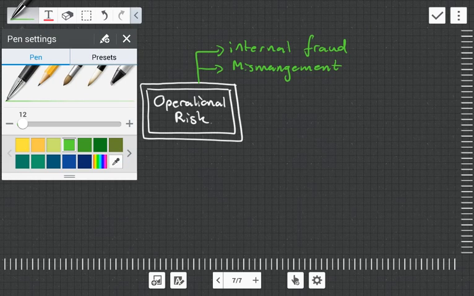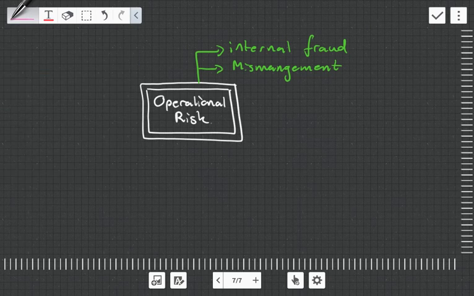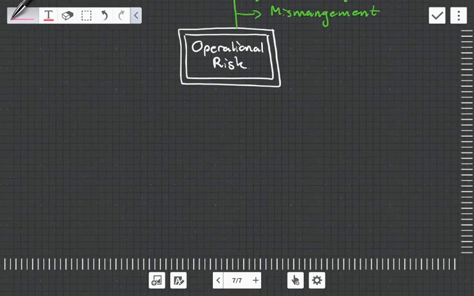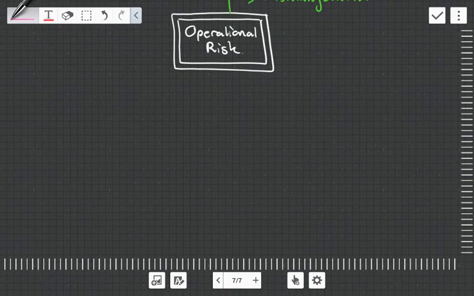And for that reason, it's quite difficult to model operational risk because you have to ask yourself, what are we really modeling? Yes, you've identified operational risk. It's quite a difficult one to measure, but it is quite an easy one to manage.